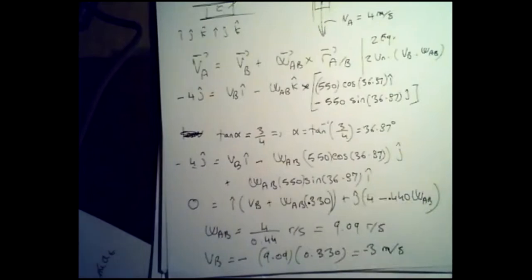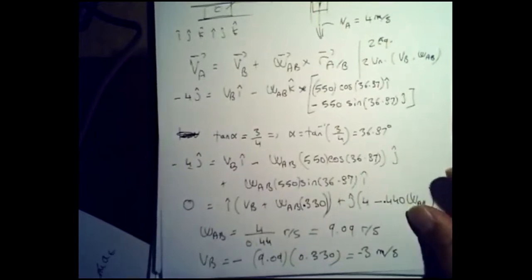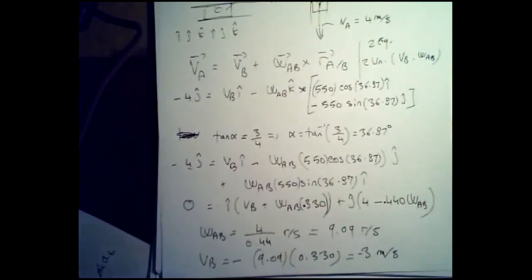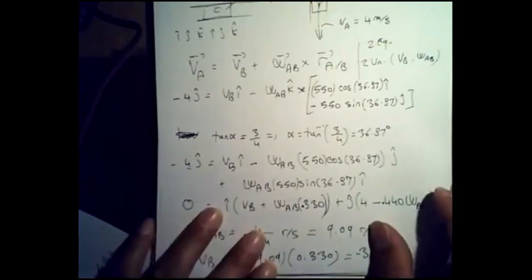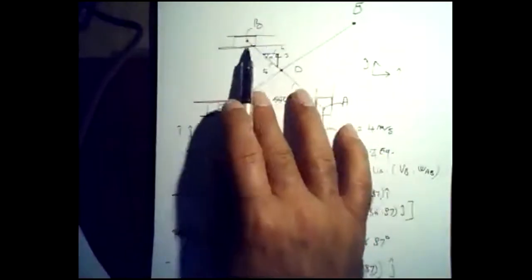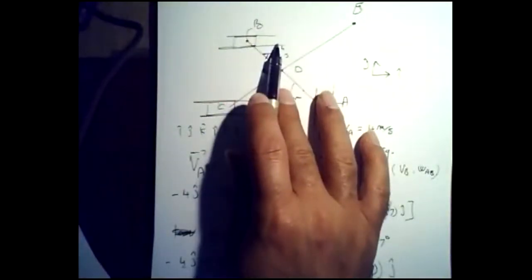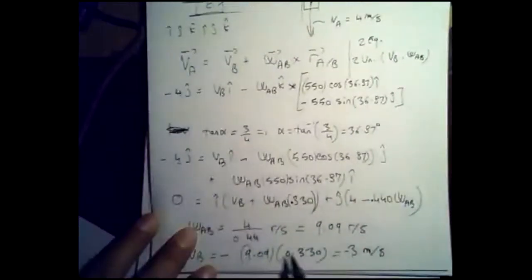Okay, is this all clear here? Do we have any mistakes going on here? Because VB, if this guy is going downward, then this guy should be positive, right? It should be 3 meters per second in either direction. And here, it seems like we got it in the wrong direction.